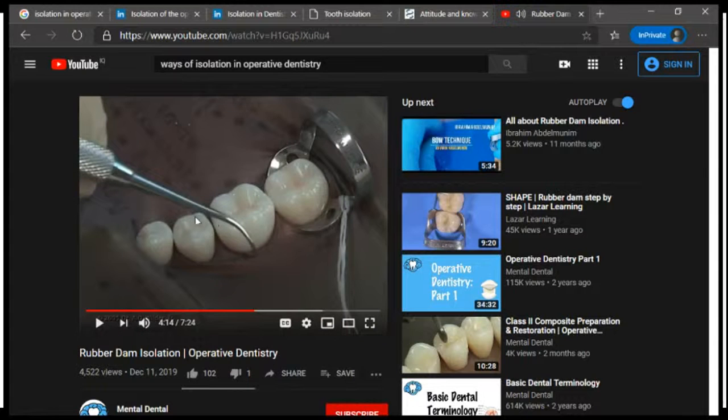This is an explorer, very commonly used in dentistry, in order to tuck the rubber dam inside at the cemento-enamel junction.